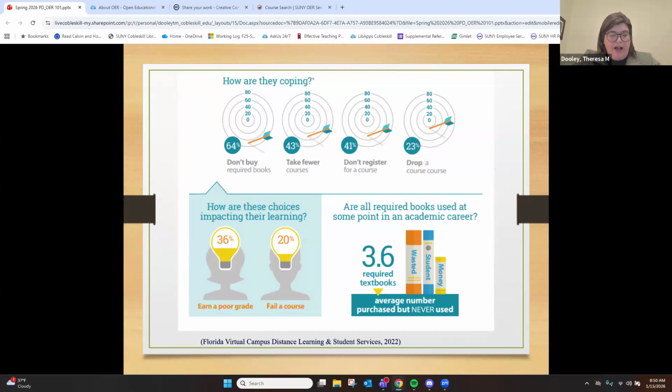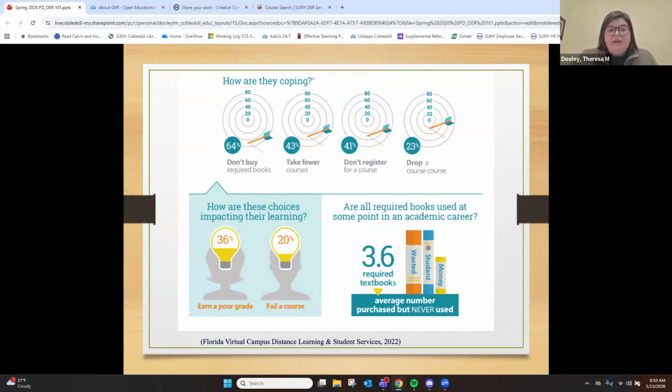Over the course of a 4-year college career, students report not using 3.6 of their required textbooks. All right, so imagine spending $150 or more on a book and not even having to use it. That's a problem.